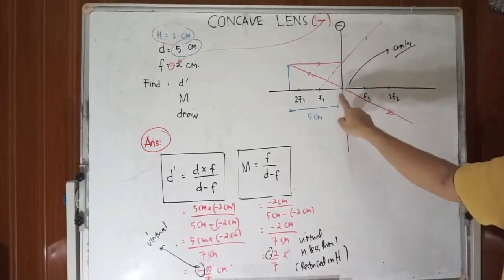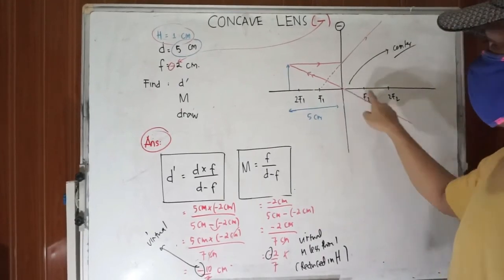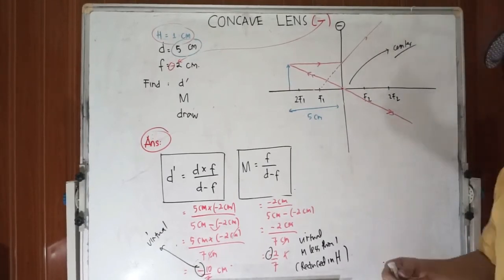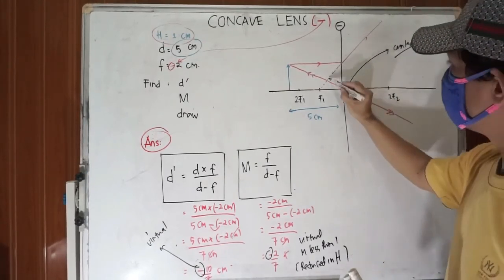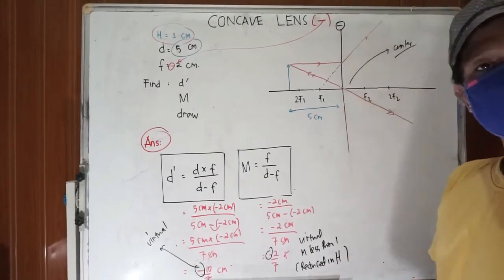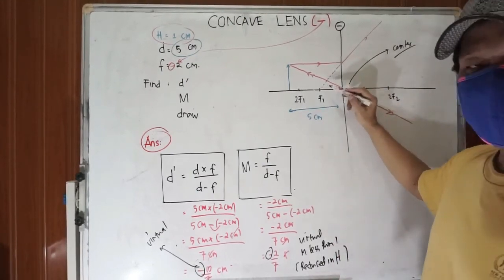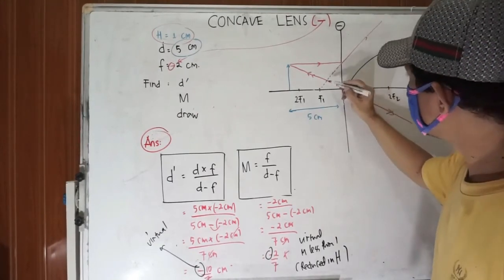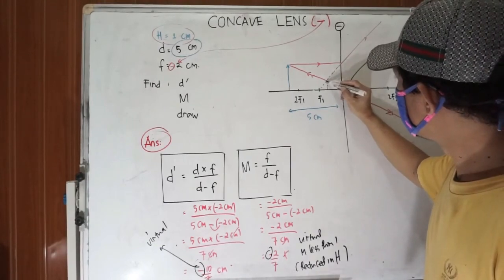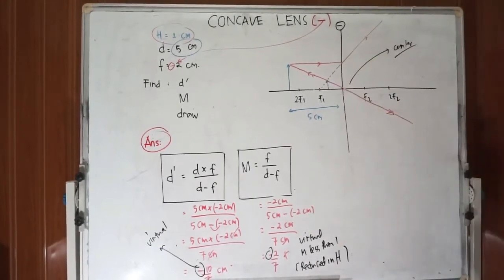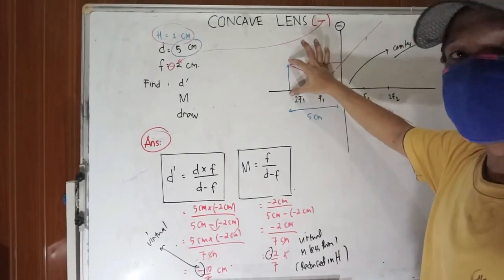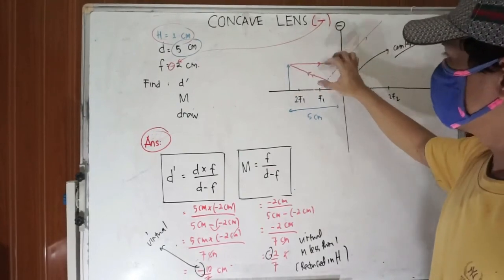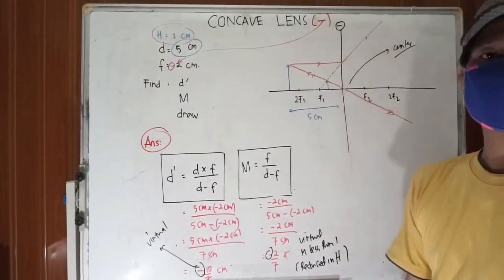Okay, so we have a new intersection here. This one is the intersection, right? So because of the dashed line, the image formed is dashed or virtual. The object, the image.